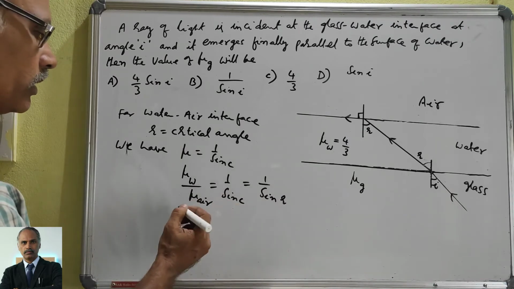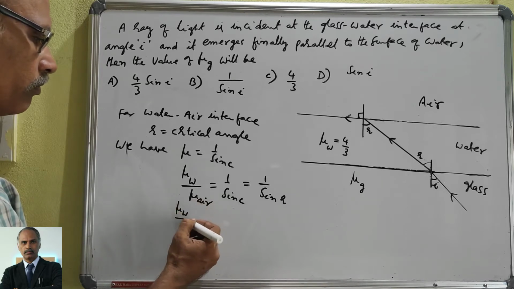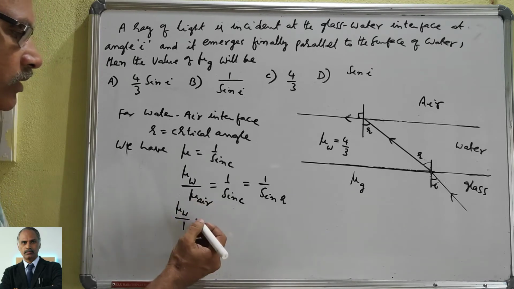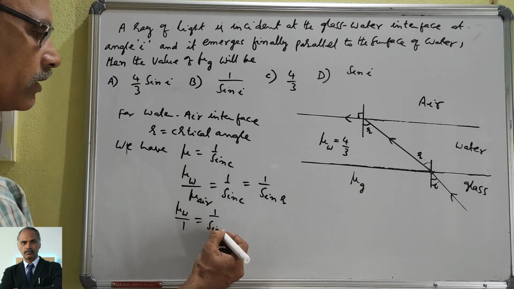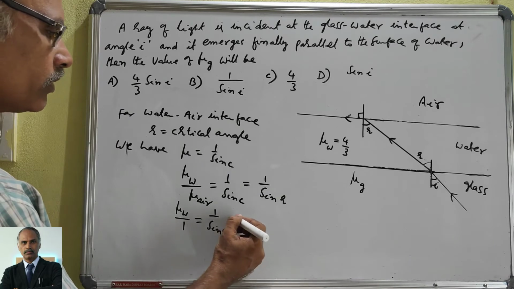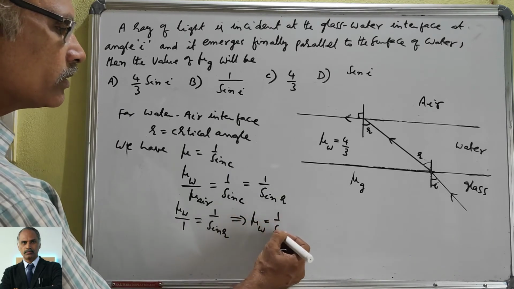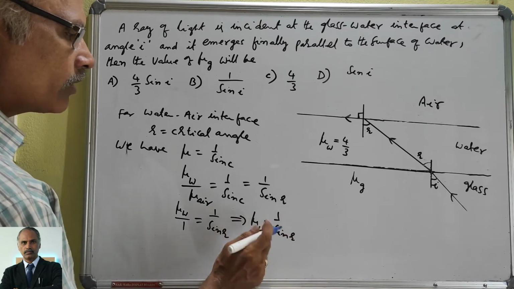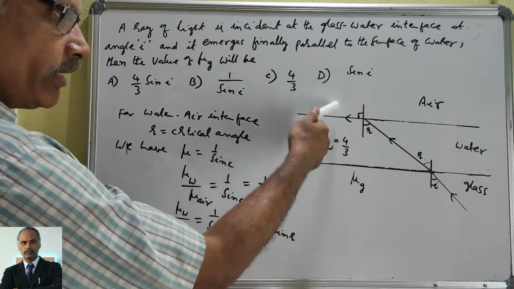Therefore mu water by 1 is equal to 1 by sin R. That means mu water is equal to 1 by sin R. So we got this information for this medium.